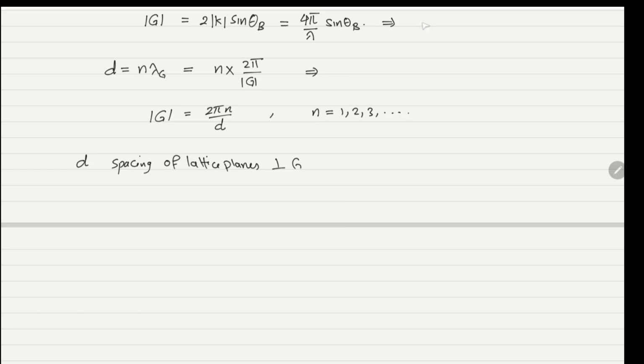Now, by equating this equation here and this equation here, we will get n lambda equal to 2d sine theta B, where n equals 1, 2, 3, etc. And this is actually Bragg's law.